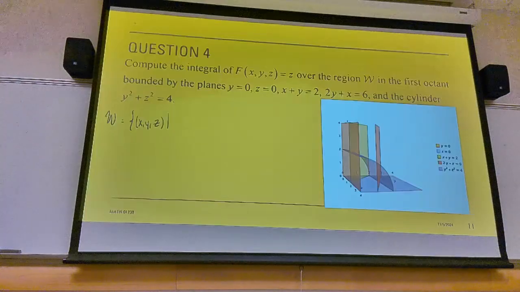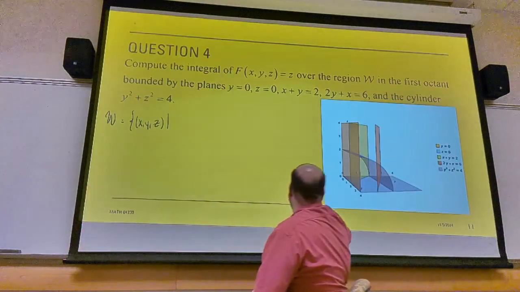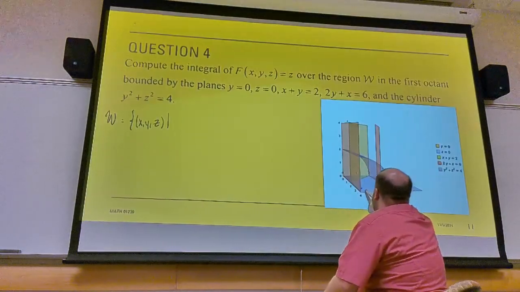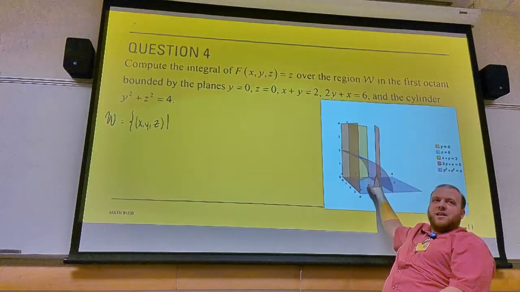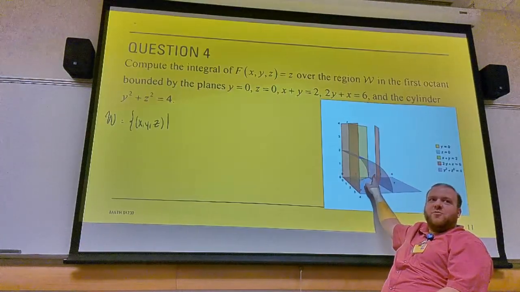And no matter where you are, if you imagine this is the room, no matter where you are in the room, it's a constant ceiling, right? That cylinder is the ceiling for the entire room.